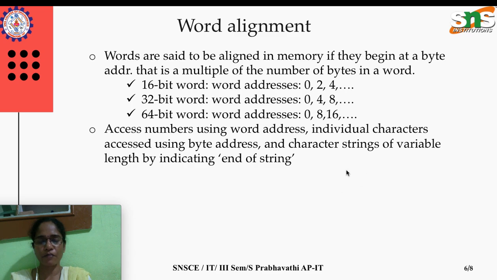If the information stored is of variable length, we can also retrieve it by indicating one more piece of extra information, the end of the string, where that variable length character string stops in the memory. Then only can we retrieve the entire string. Using a different mechanism, we have to mention the end of the string by storing that end of string location in a processor register or in some other manner.